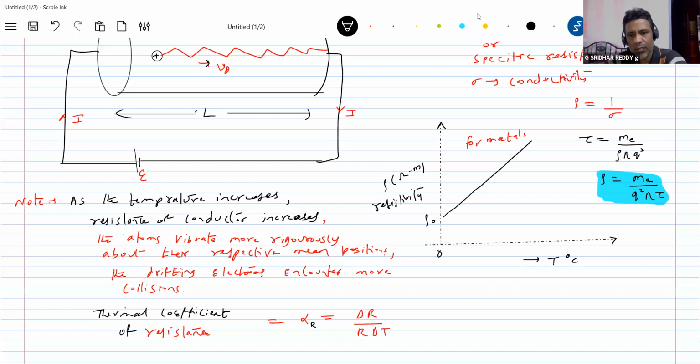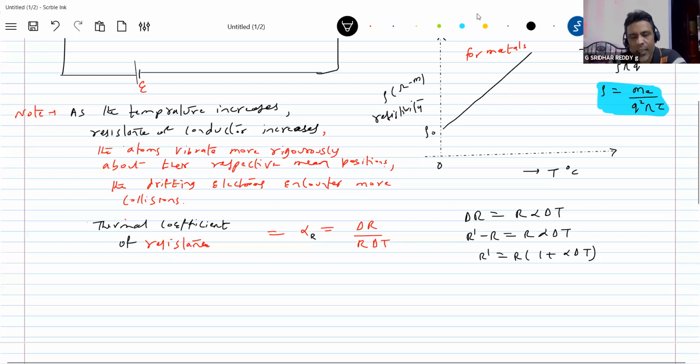If I expand delta R as R alpha delta theta, then R dash minus R equals R alpha delta theta. So R dash equals R into (1 plus alpha delta theta). This is applicable only when delta T is very small, and alpha is also very small. So you should apply this particular formula only then.